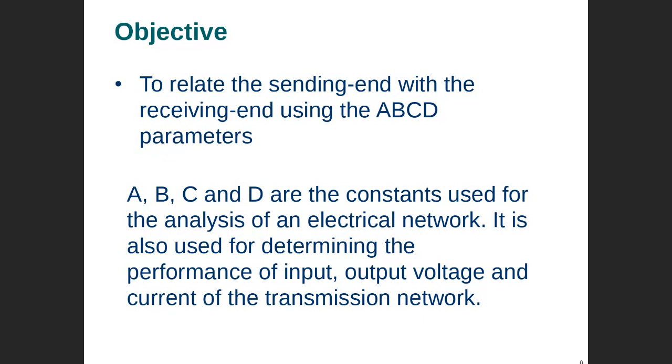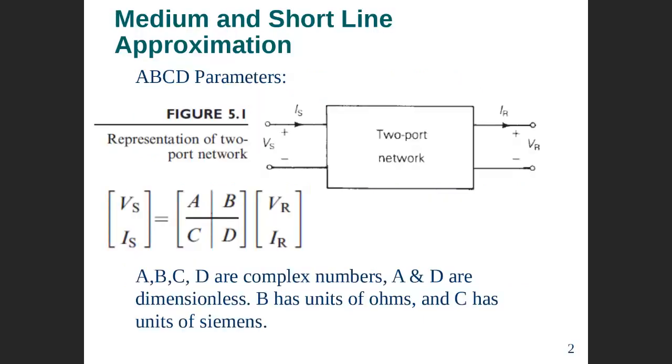We discussed also how to relate them. VS, for example, will be A times VR plus B IR. You see, we are multiplying this way, row by column, row by column. So A VR plus B IR.